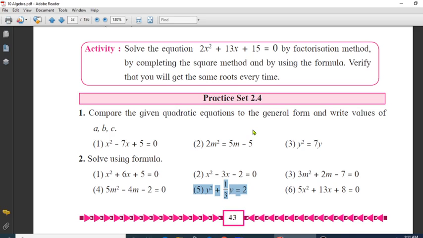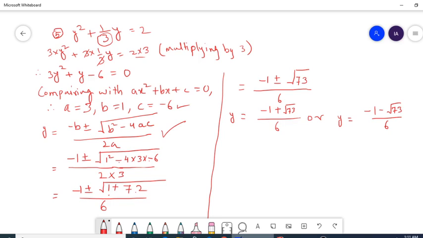So this way we have studied three different methods to solve quadratic equations and find their roots, where the first method, splitting the middle term, is not applicable to all quadratic equations. So whenever a question comes to solve a quadratic equation, first you will see whether we can split the middle term of the given quadratic equation or not.